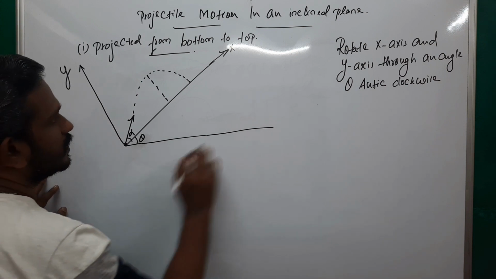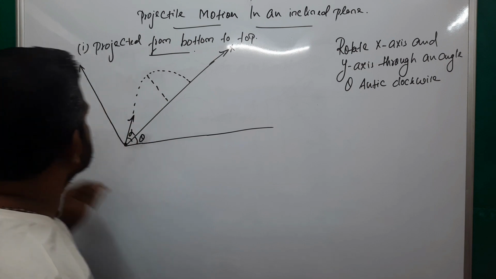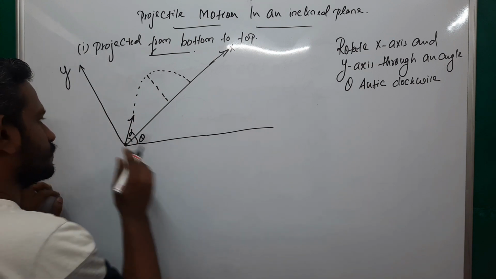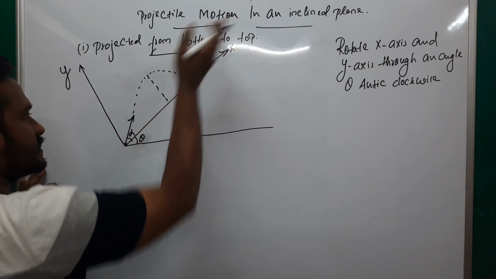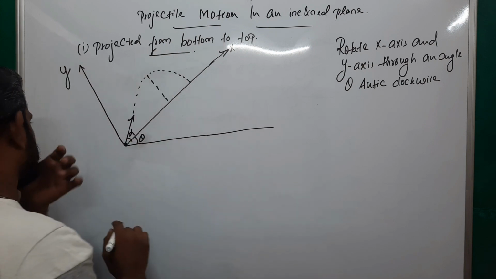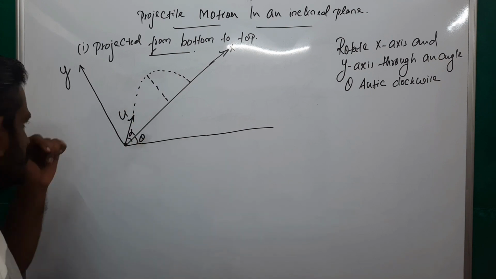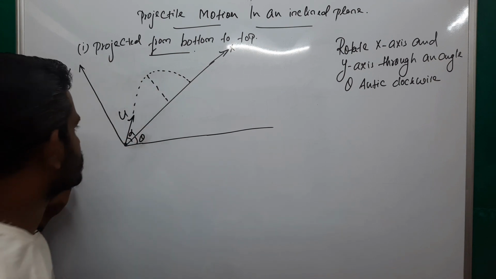Now, what is the horizontal component of velocity and what is the vertical component of velocity? Suppose this is the x-axis and this is the y-axis. The projectile is projected at an angle alpha with an initial velocity u with the x-axis.